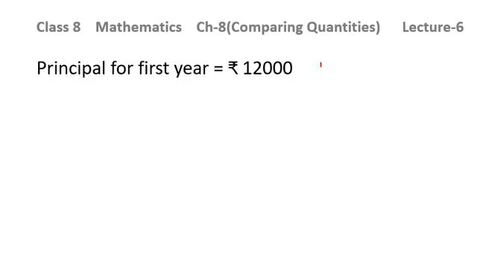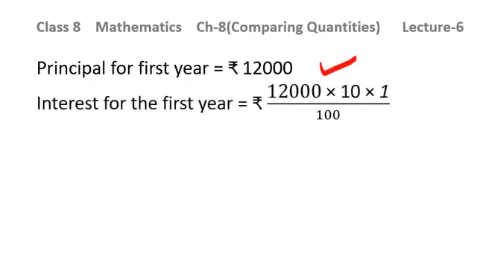Principal for the first year is 12,000. Interest for the first year, we know the formula of simple interest, that is P into R into T divided by 100. Here we have taken T as 1 year because we are finding the interest for the first year. After calculating it, you will get rupees 1200 as the interest for the first year.